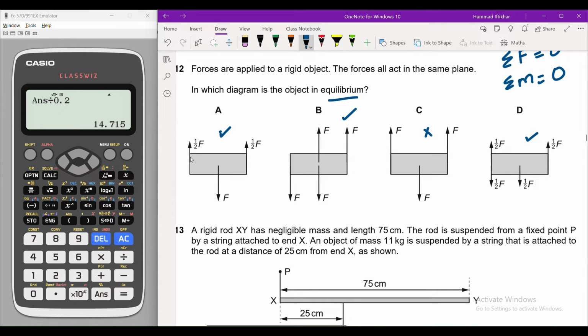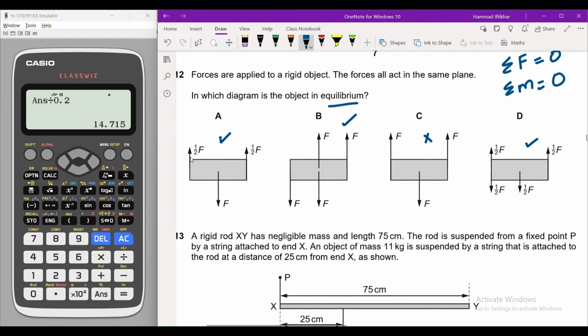We know that the total moment should be 0 about any point. That's why, for example, if I choose this point over here, the moment about any point along the way should be 0.